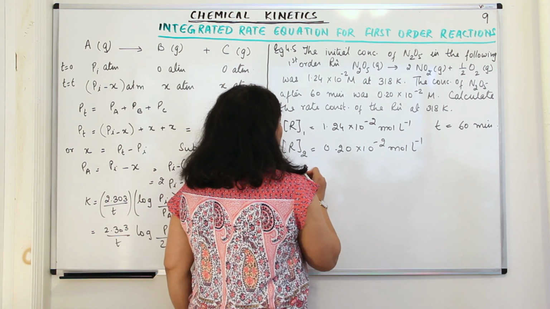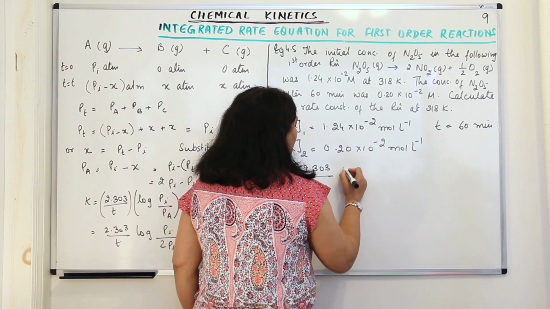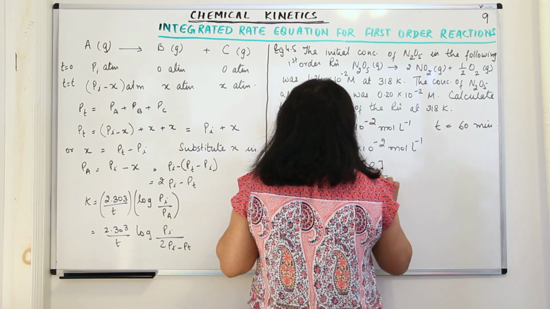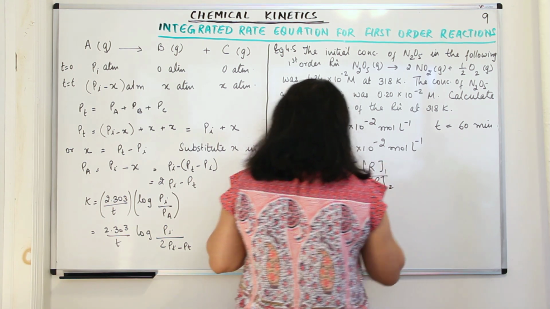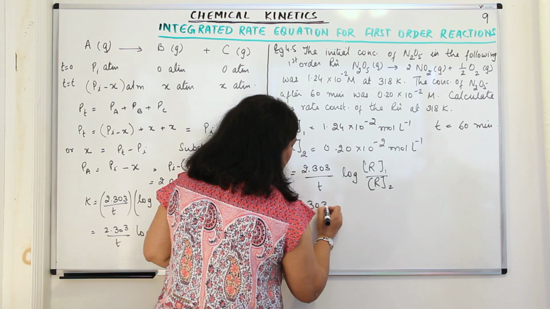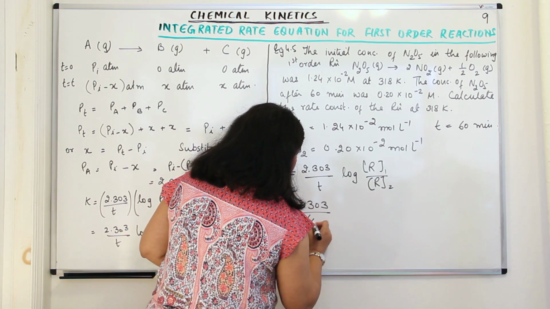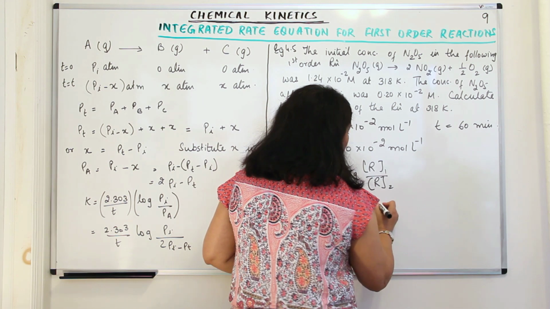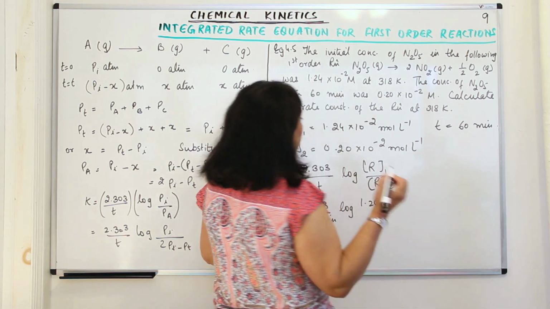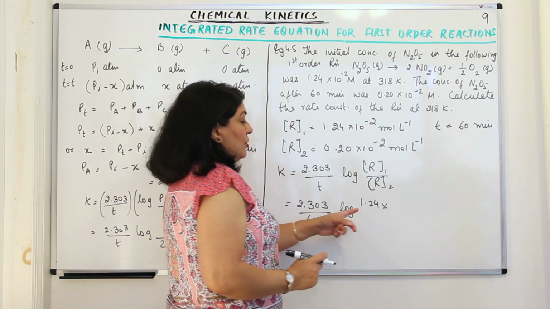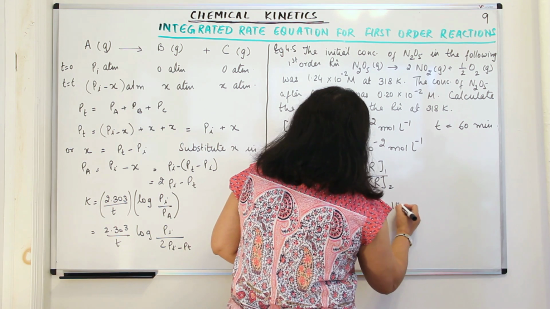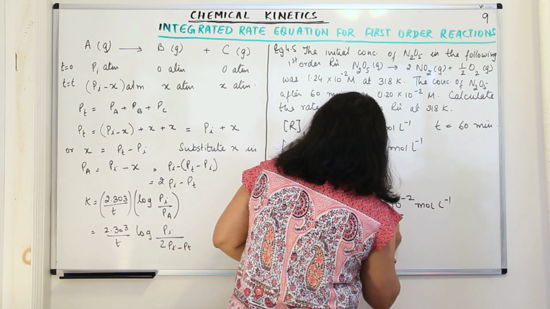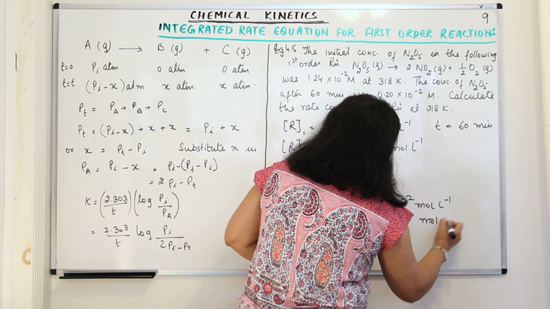So K would be equal to 2.303 upon T log of R1 upon R2, which would be equal to 2.303 upon T, which is 60 minutes, log of R1, which is 1.24 into 10 to the power minus 2 moles per liter, upon 0.20 into 10 to the power minus 2 moles per liter.